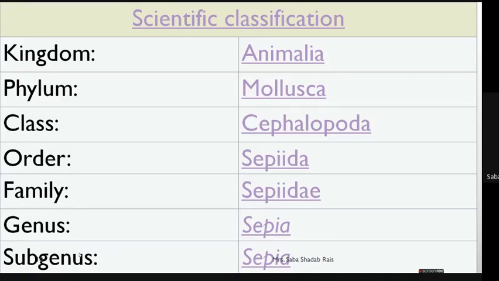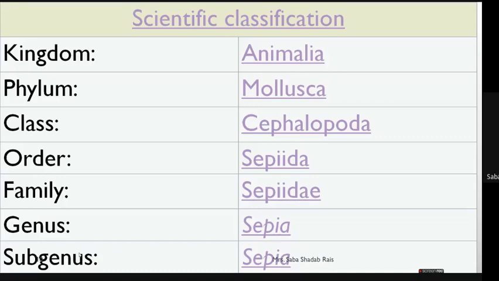Whenever you write the scientific name of any animal, you need to remember that if you are typing it, you will type it in italic font, and whenever you are writing it in your book, make sure that you underline it.